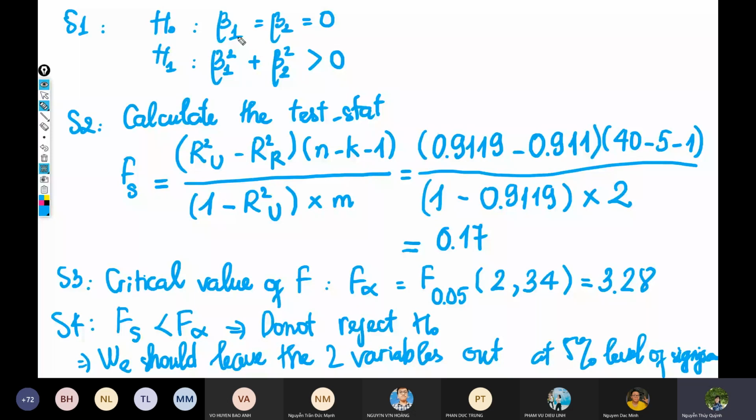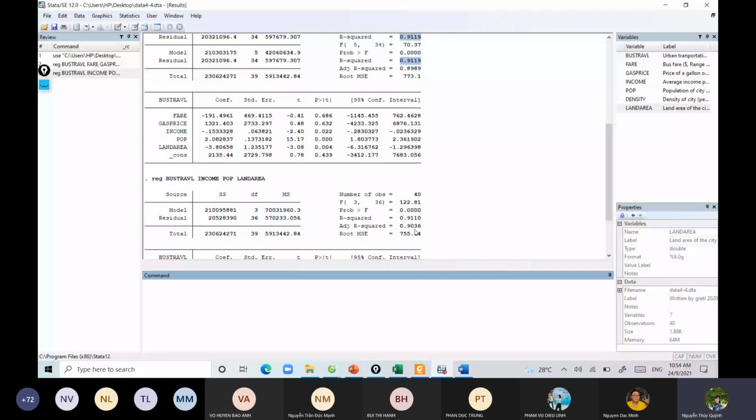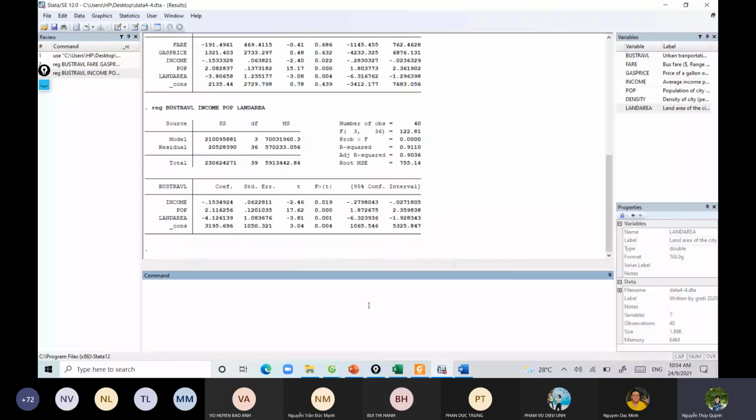All right. Now, this is how we do it on paper, manually. But in Stata, you can use a command to test the joint significance of fare and gas price. To do that, you have to regress the unrestricted model first. This is our unrestricted model.